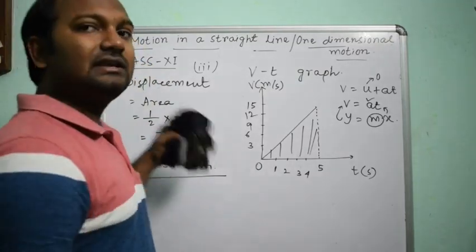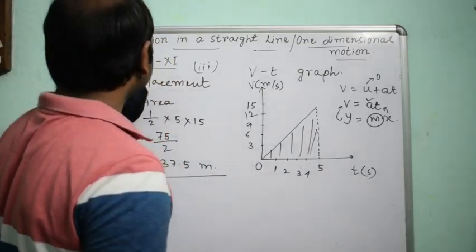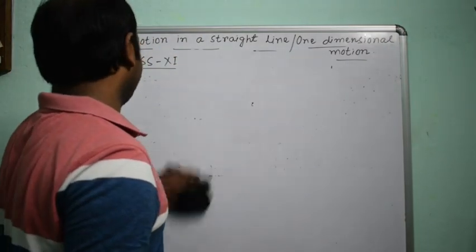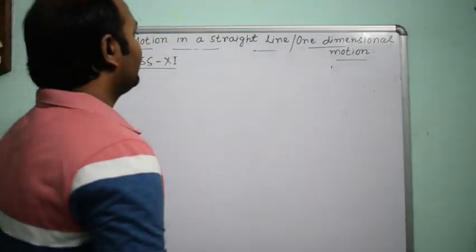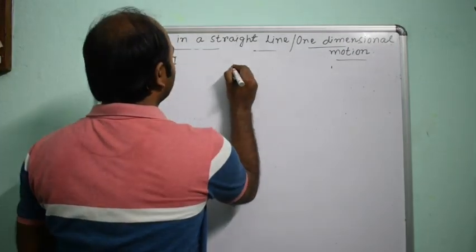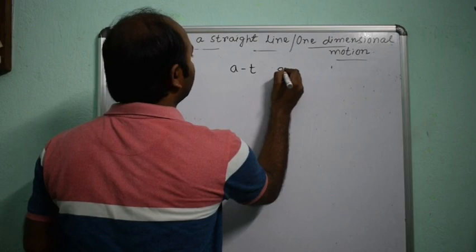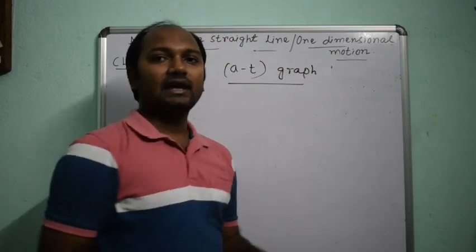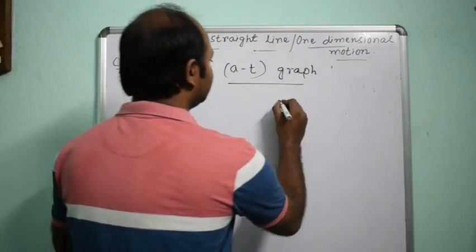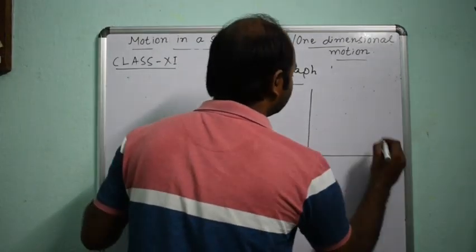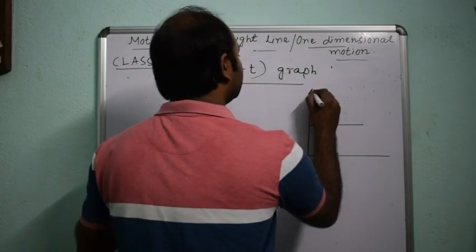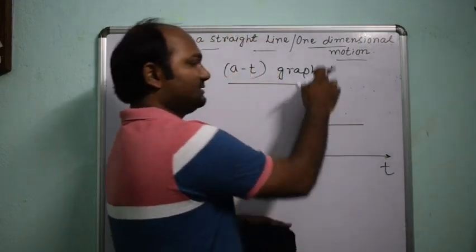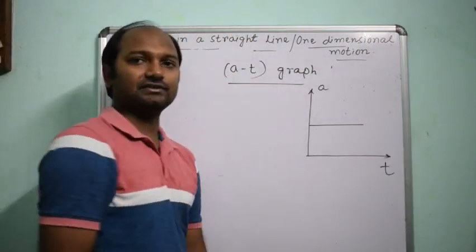Next, the acceleration time graph, or AT graph. This axis is the acceleration axis, and this is the time axis.